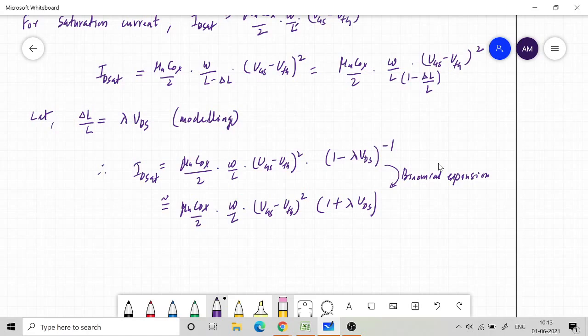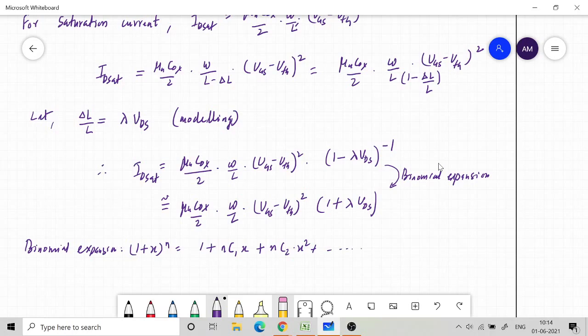So basically binomial expansion says that (1 plus x) raised to n is basically 1 plus nC1 into x plus nC2 into x square plus etc.